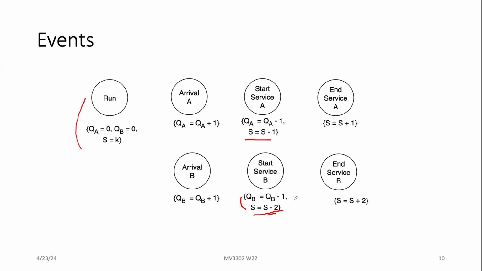Also, can you see the implication for a model like this in terms of the constraints on the parameter, the total number of servers? In our multiple server queue, the total number of servers needed to be bigger than 0, otherwise the thing wouldn't function. Here, what would happen if we only had one server altogether?